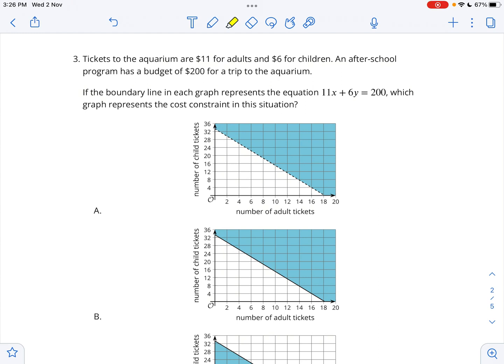So here, the budget is $200. That means I need to stay under $200, or it could be exactly $200. The equation just tells me where that boundary line is, but the actual inequality would be 11x plus 6y has to be less than or equal to $200.